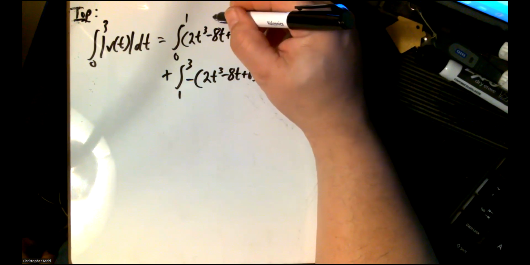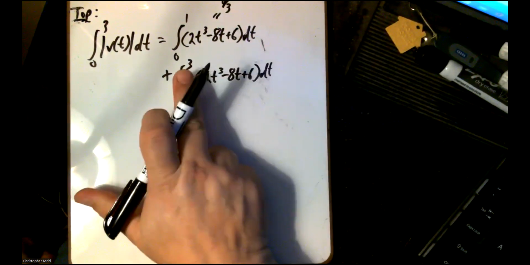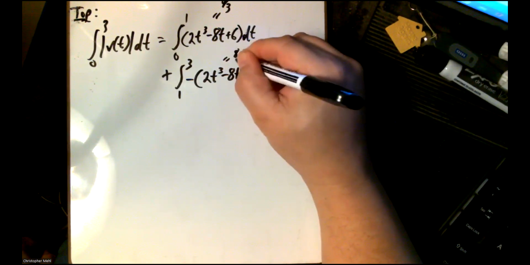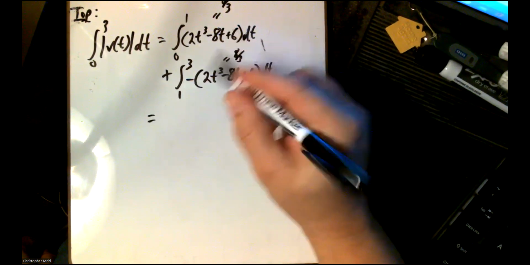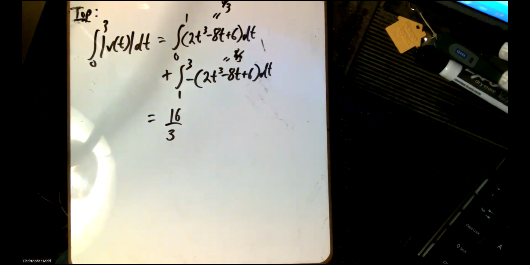Now we already know each piece is 8/3. Without the negative sign, it was negative 8/3. So that is going to work out to be 8/3 again. So the whole thing is going to be 16/3 as the distance traveled.